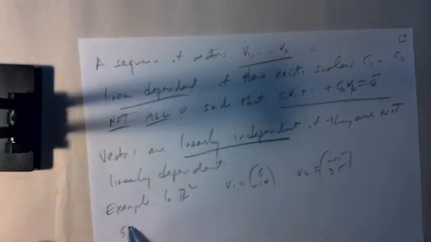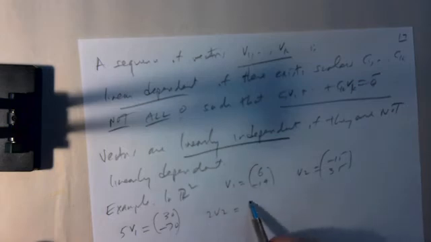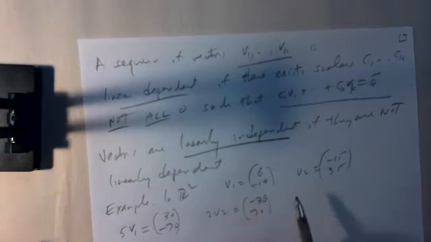So if you take 5V1, that's equal to (30, -70). If you take 2V2, multiply each of these by 2, you get (-30, 70).